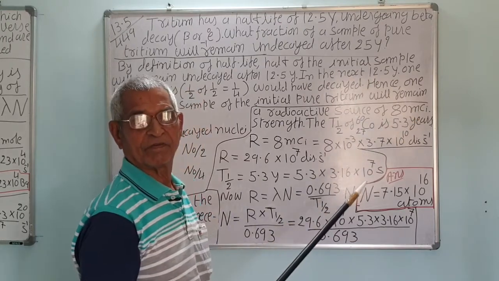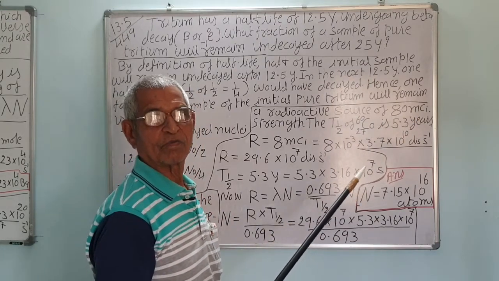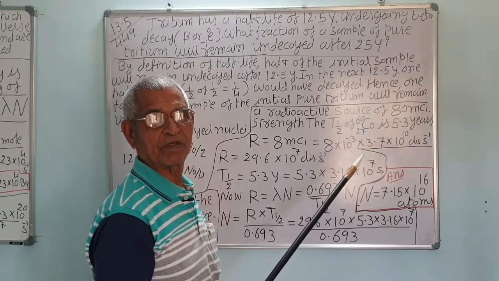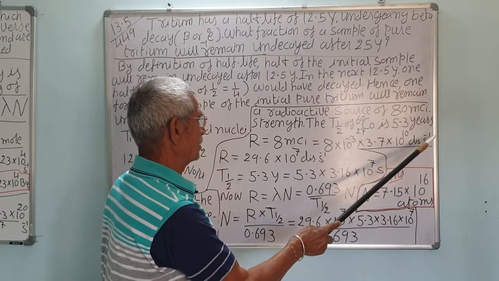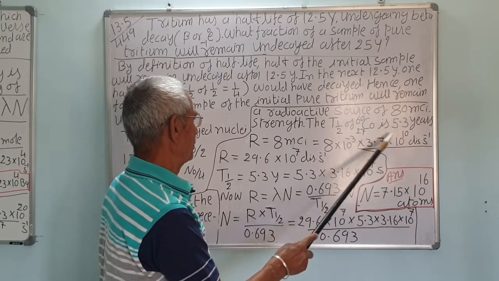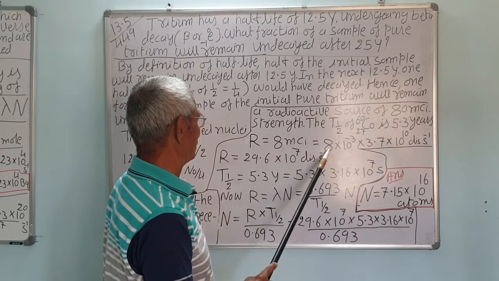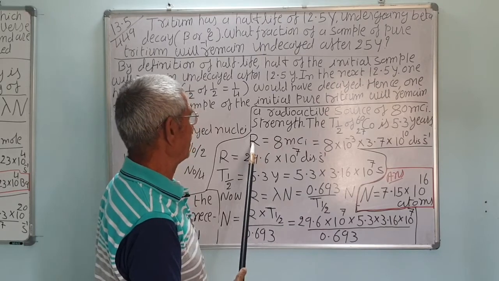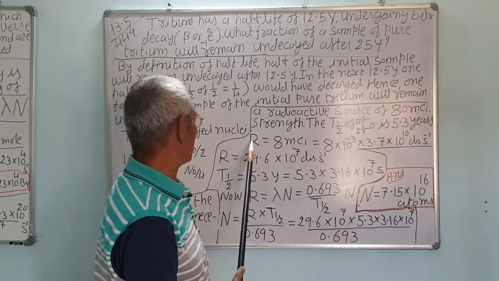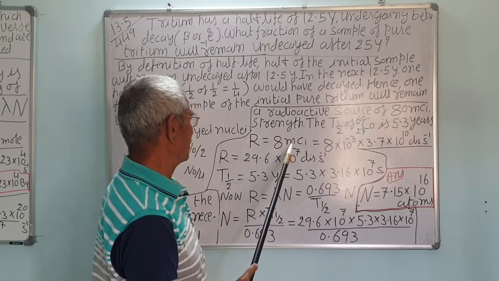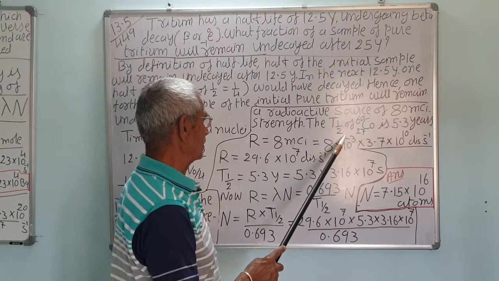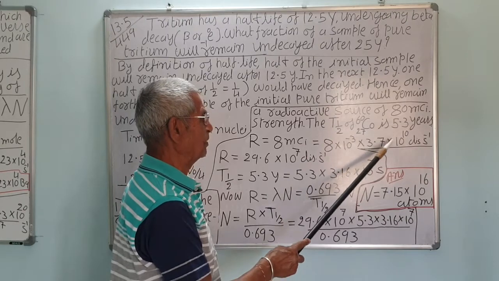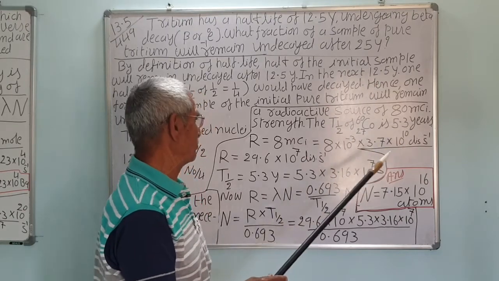Millicurie is a 1000th part of a curie, and a curie is 3.7 into 10 raised to 10 disintegrations per second. So 8 millicurie is equal to the rate of disintegration, that is dN by dt. So 8 milli is equal to 8 into 10 to the minus 3, and a curie is 3.7 into 10 raised to 10 disintegrations per second.